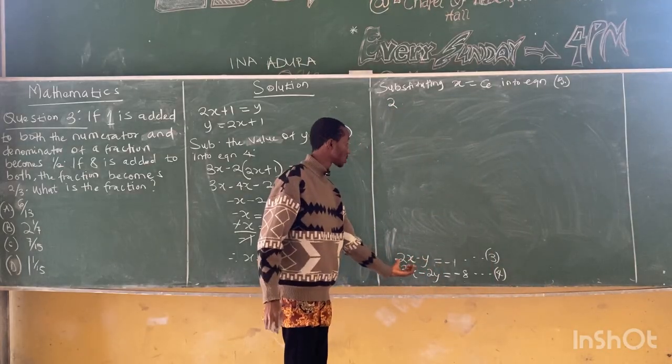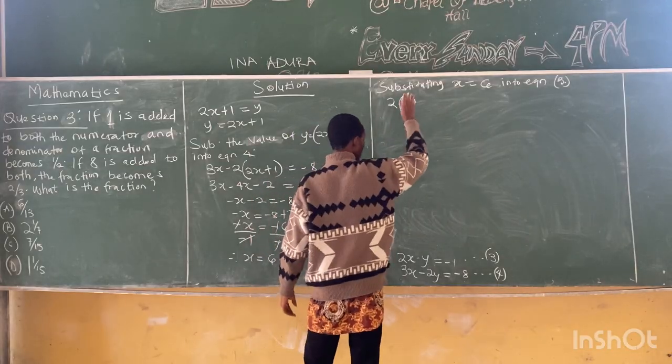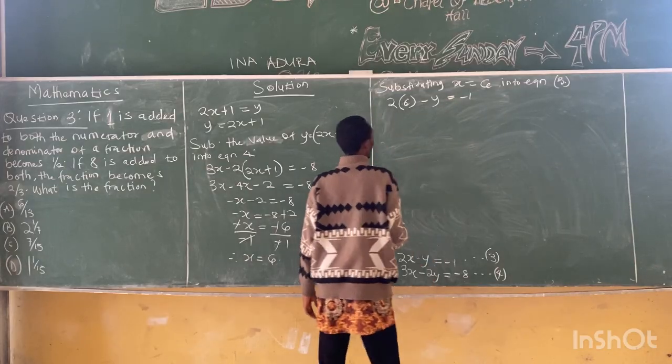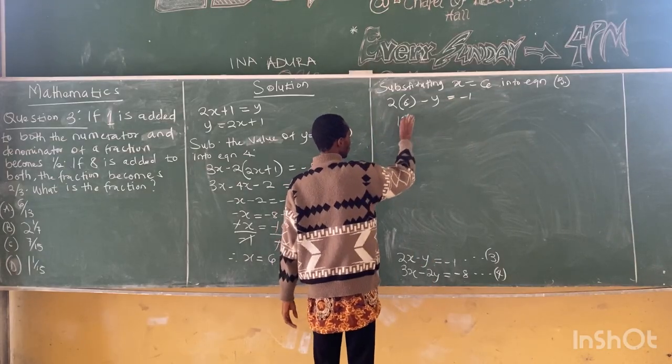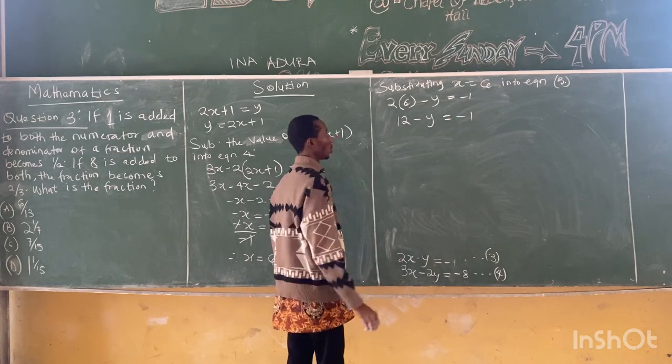Instead of writing 2x, we say 2 multiplied by our x, which is 6, minus y equal to minus 1. 2 times 6 is 12, minus y equal to minus 1.